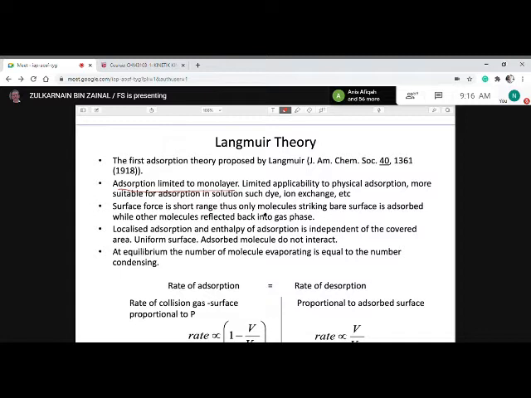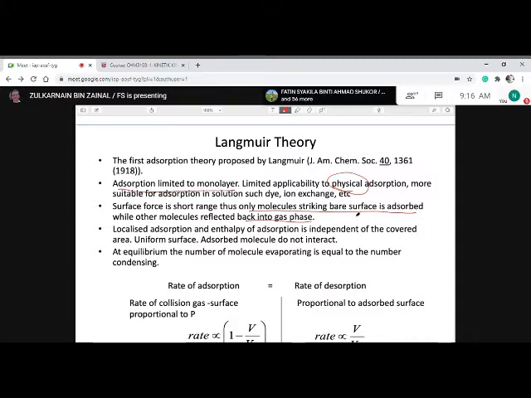So it is not really applicable to the physical adsorption process, it is more suitable for the chemical adsorption process. Surface force is short range. All the molecules striking the bare surface are adsorbed. Other molecules are reflected back into the gas phase. So this really indicates a chemical adsorption process.